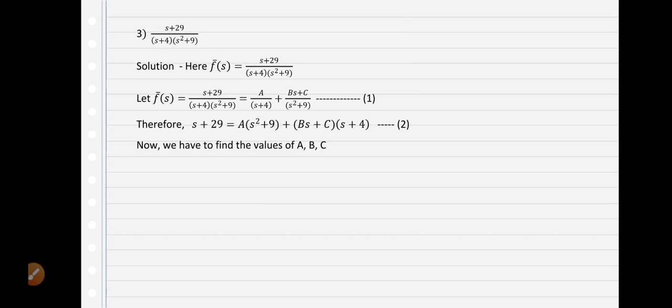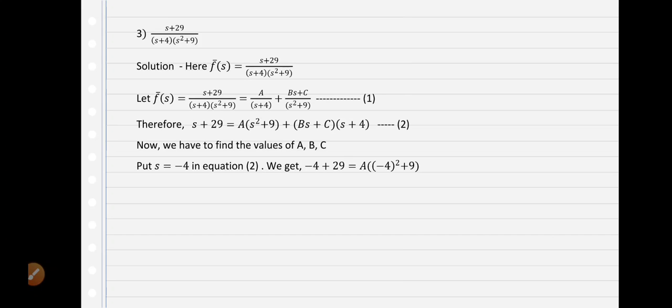So here again we have to put different values of s which we have not used in this solution. That is, we are going to use first s equal to minus 4. So other than s equal to minus 4, you may put any value of s to get the values of b and c. So first we will find the value of a.